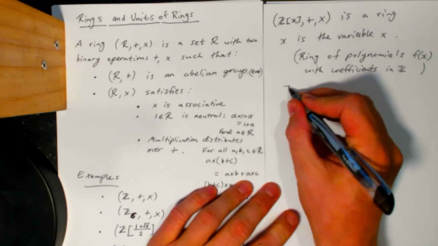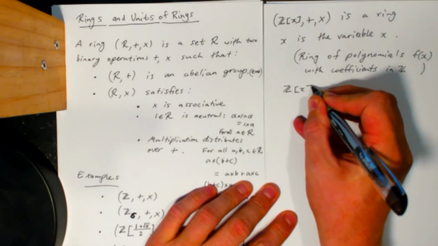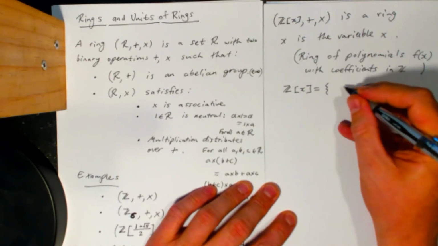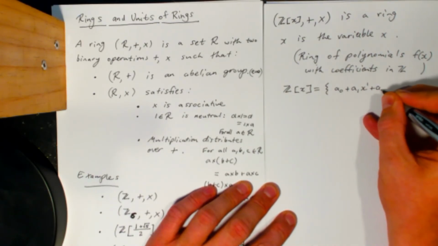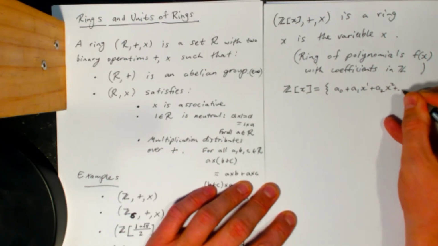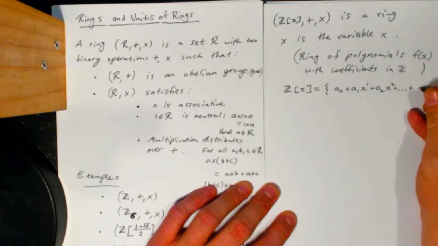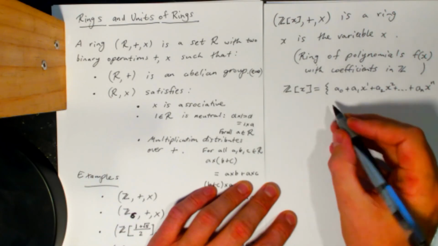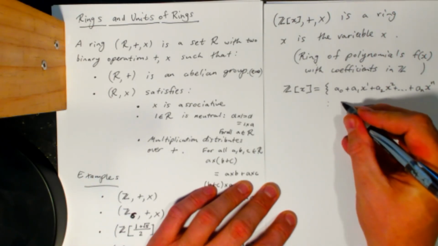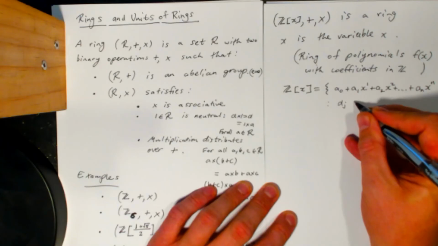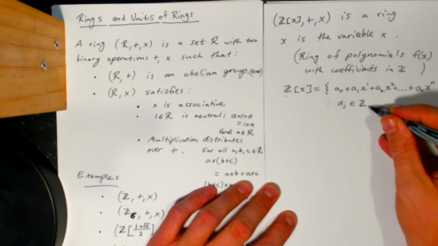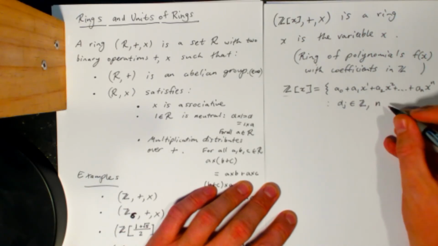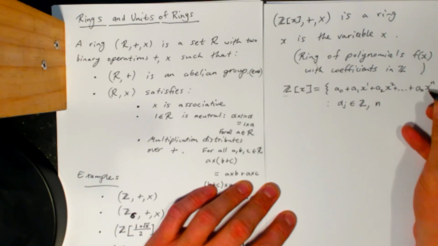Okay, so let's just describe with some symbols what this is. It's the set of all a0 plus a1 x to the power of 1 plus a2 x squared plus dot dot dot plus a n x to the n, such that all of the a subscript j belong to this set there, which is integers, and n is a particular positive integer.